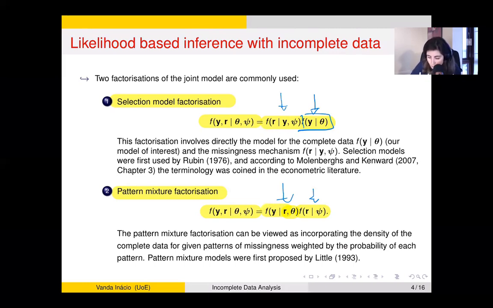But we will work with selection model factorizations and pattern mixture factorizations, because we have here the probability associated to each pattern of missing data. That's why the name pattern mixture factorization. And this factorization of the joint model for the full data was first proposed by Little in 1993.